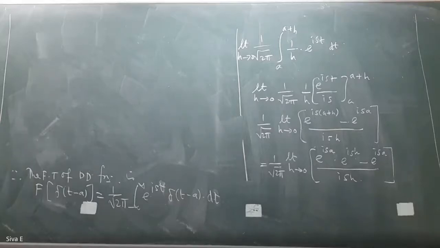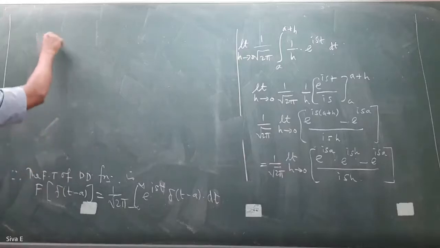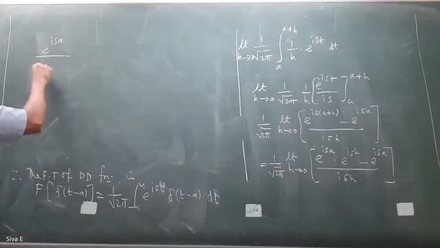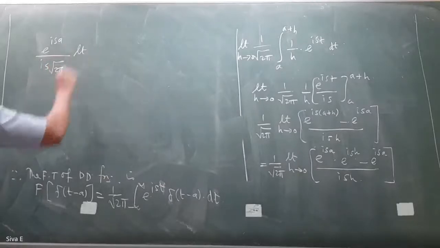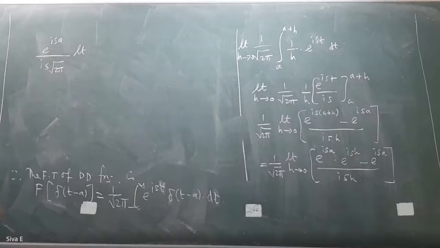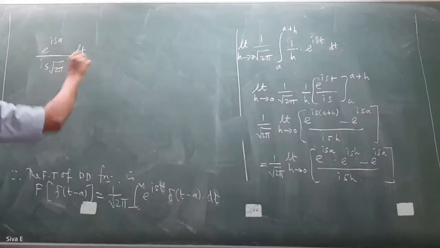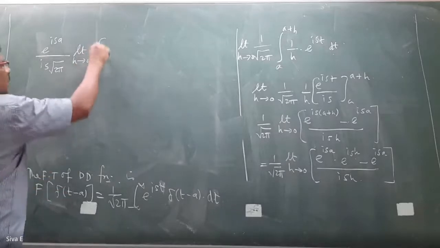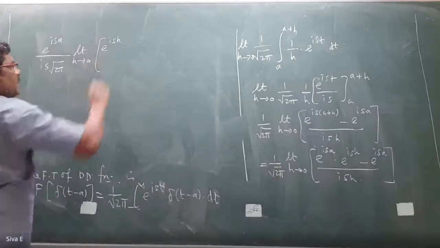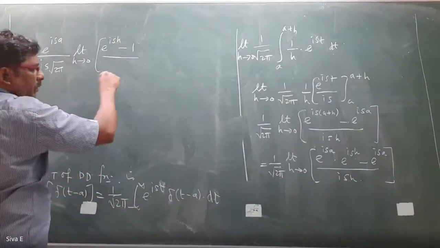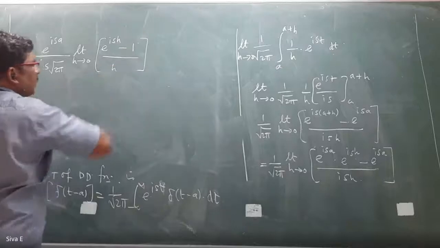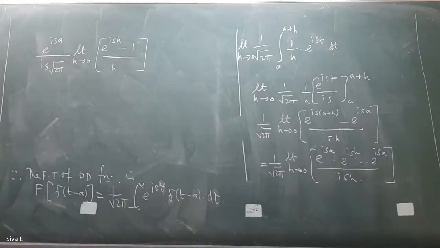E power isa by is root 2 pi, limit h tends to 0. What is remaining? E power ish minus 1 divided by h. So now can you solve that?